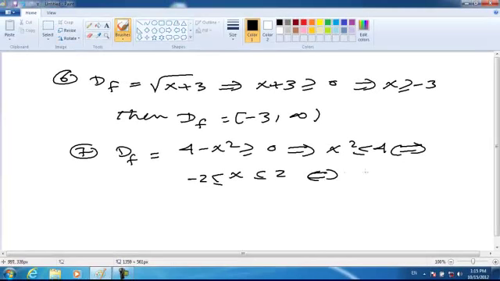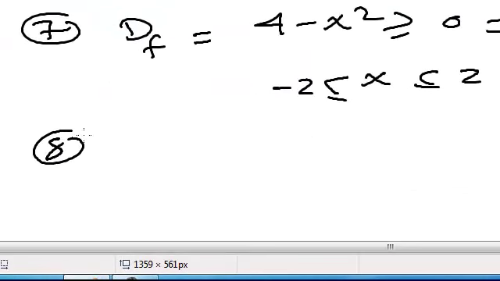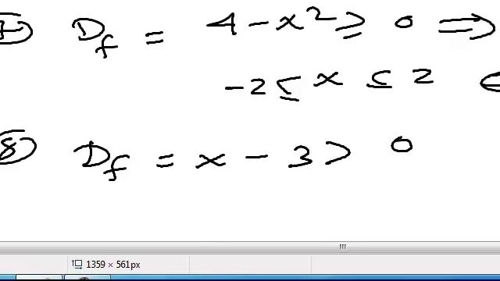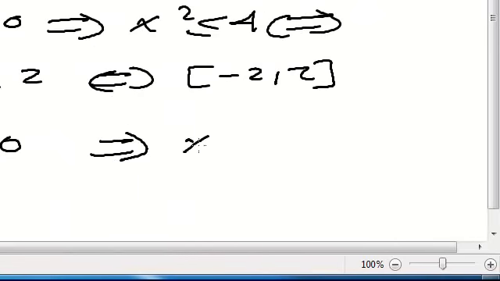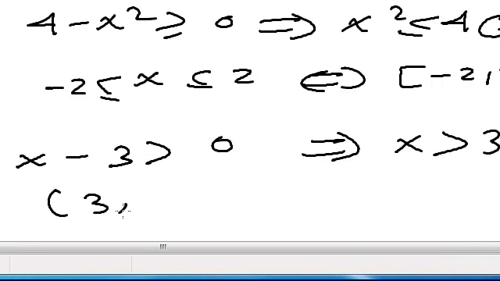This is equivalent, as an interval, to the closed interval minus 2 to 2. Number 8, domain of f: x minus 3 greater than 0, equivalent to x greater than 3, equivalent to 3 to infinity.